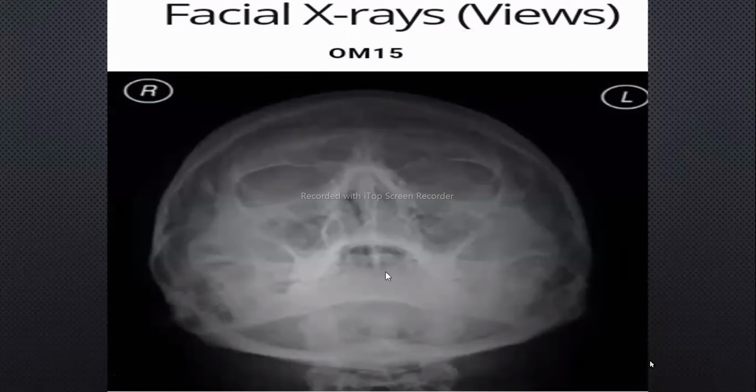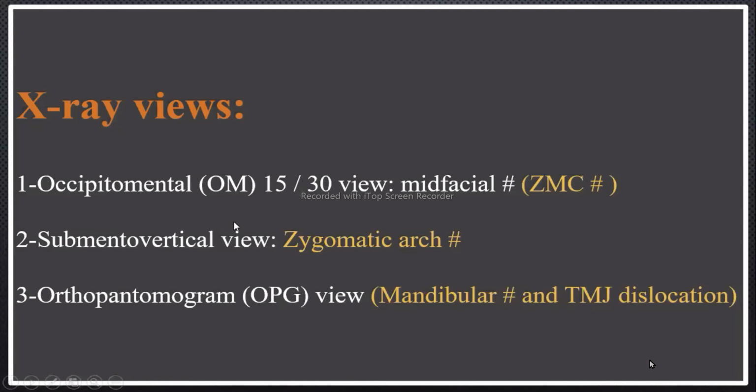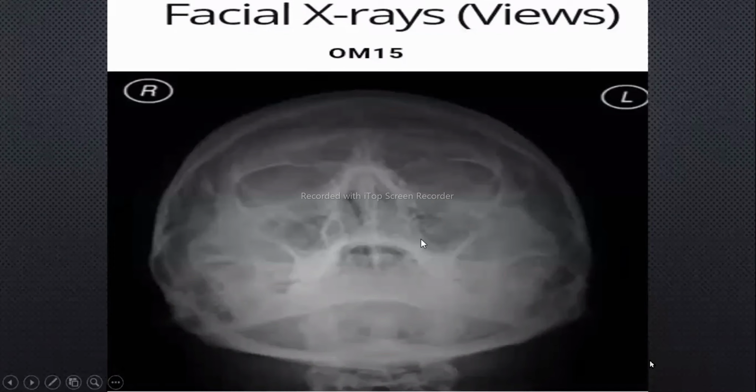Maxillary fracture. So in this view you can see it's occipitomental 15. So this view is for what? Midfacial. Midfacial, okay. So it can be for orbit fracture or zygomatic-maxillary complex fracture, okay.